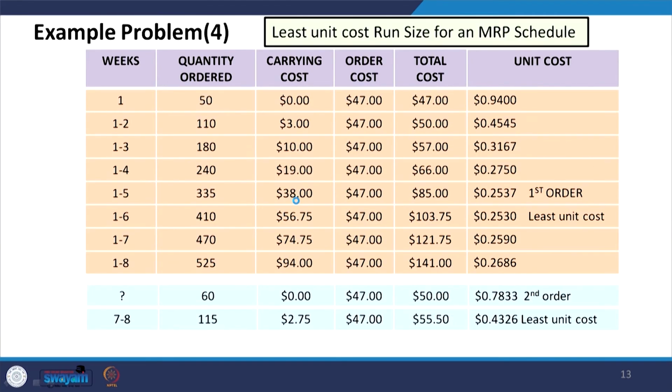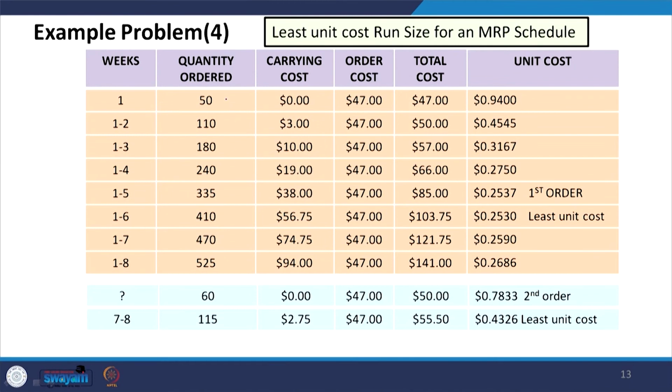Then the fourth case is the case of least unit cost, where your cost is calculated not on the basis of total cost, rather on the basis of lowest unit cost. It is the same way that from 1 to 8 you have possibilities of different costs, as we did in the third case.